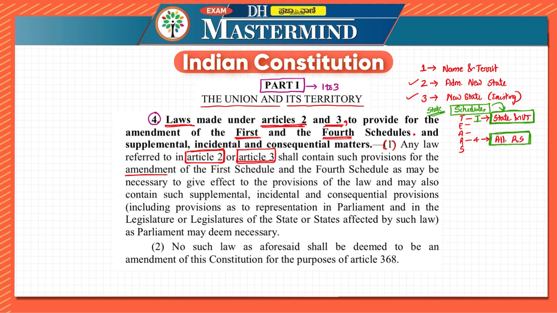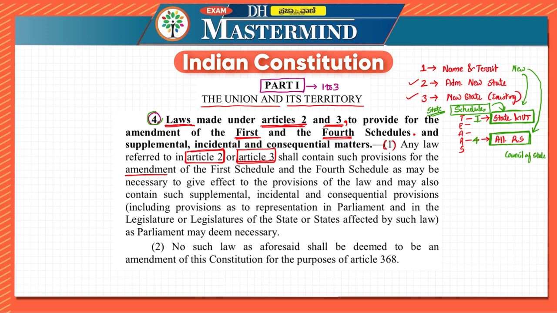Schedule 1 is related to the names, and Schedule 4 is related to allocation of seats to Rajya Sabha. Whenever a new state is formed, the changes have to be reflected in Schedule 1 and in Schedule 4 also, because Rajya Sabha itself is the Council of States, so it has to be reflected here.